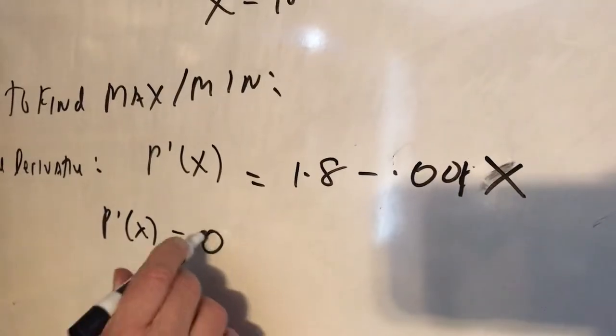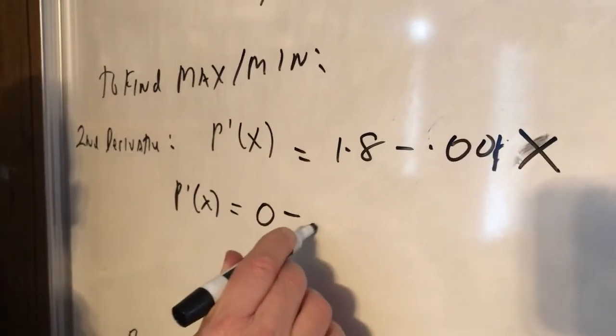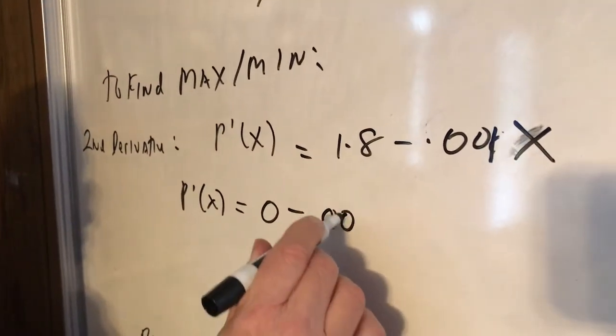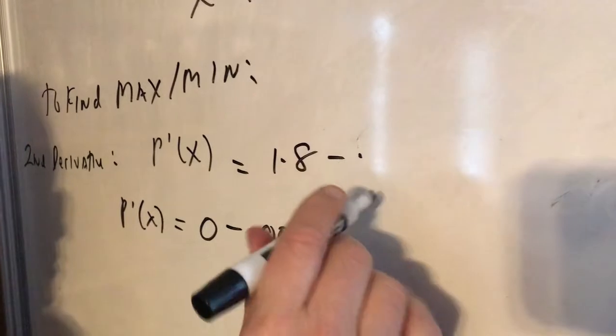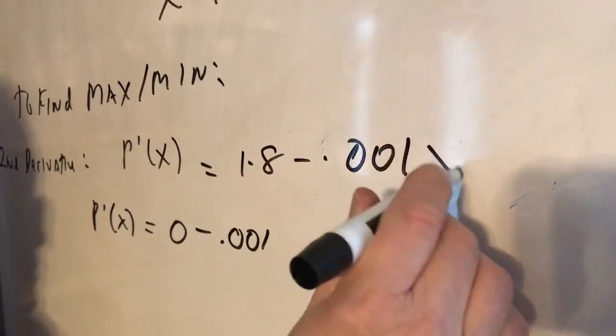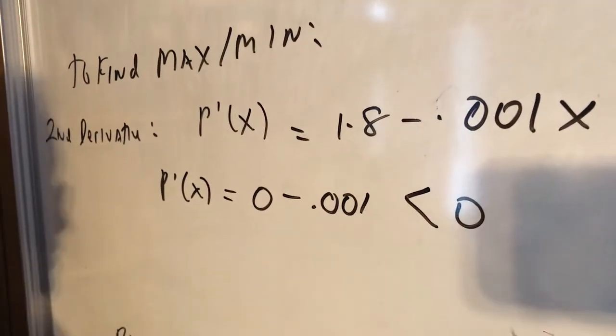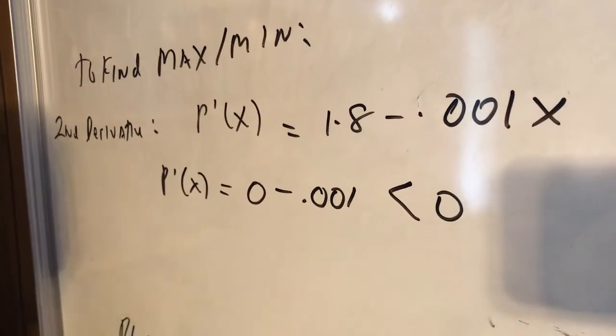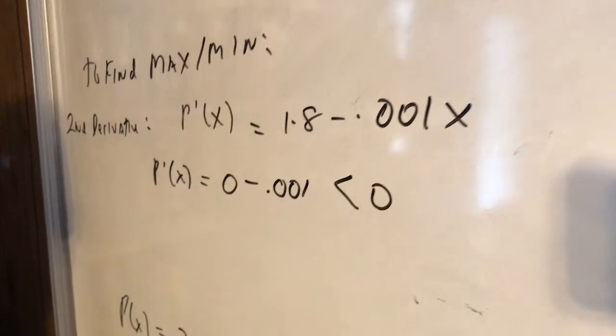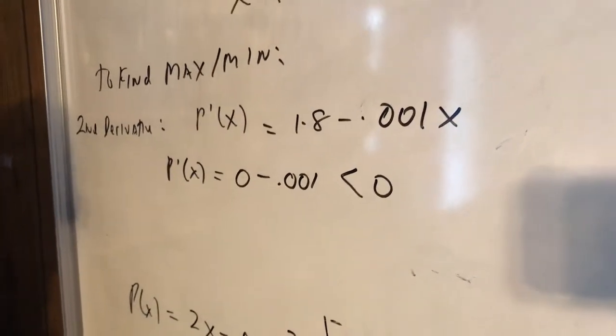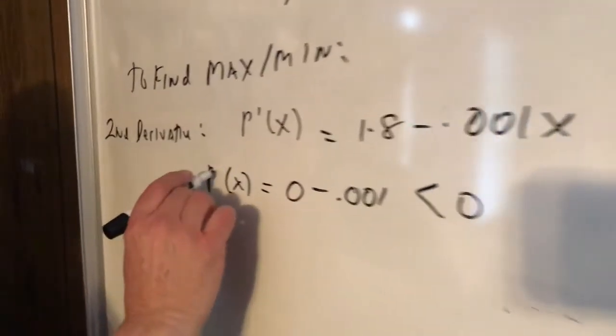This is going to be 0, and this is going to be minus 0.001. So this is less than 0 no matter what my x value is. That tells me that I do have a maximum. Less than 0 for the second derivative.